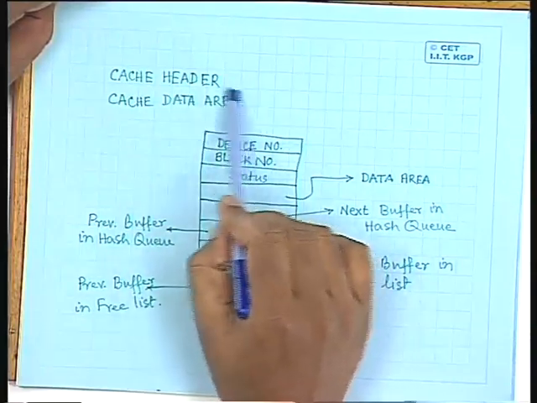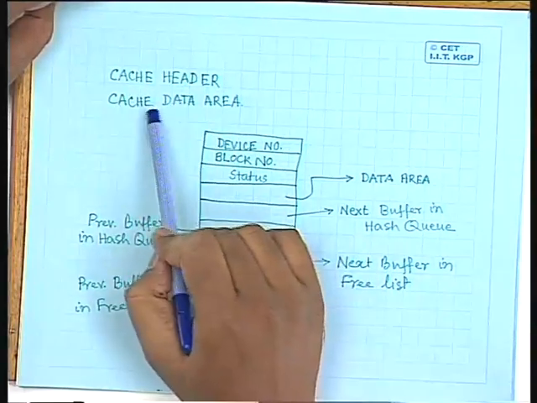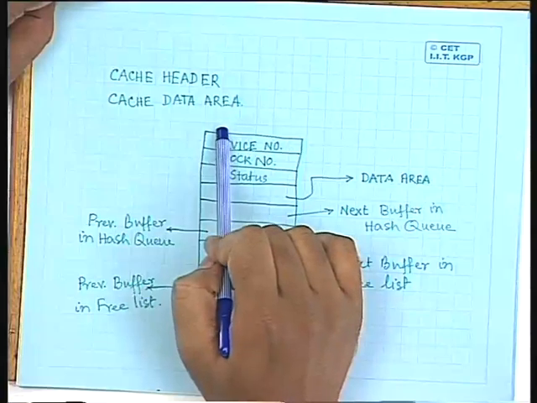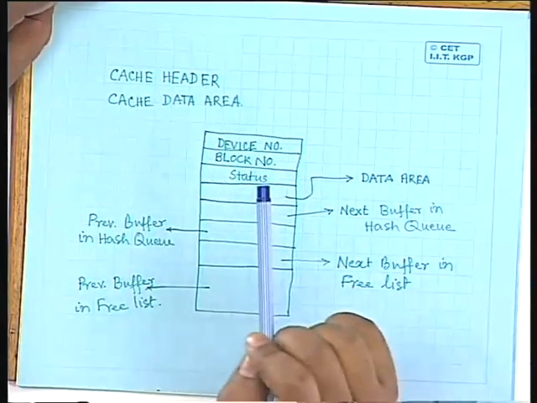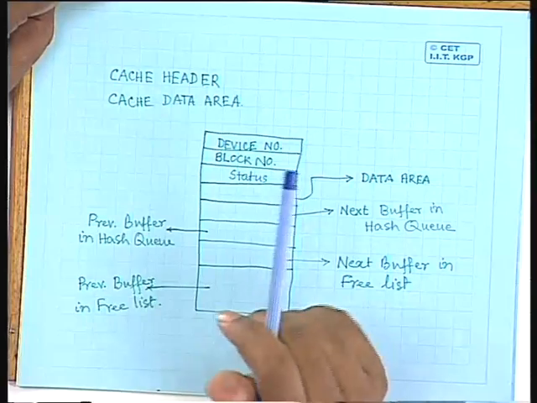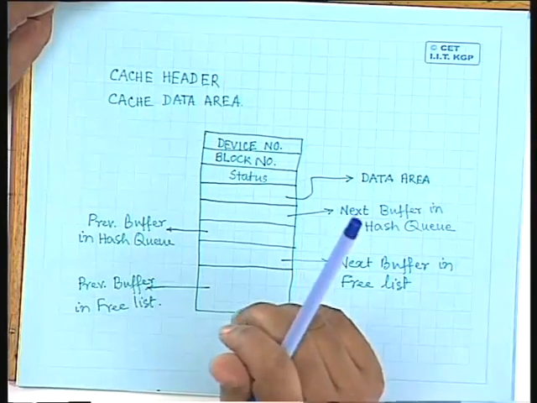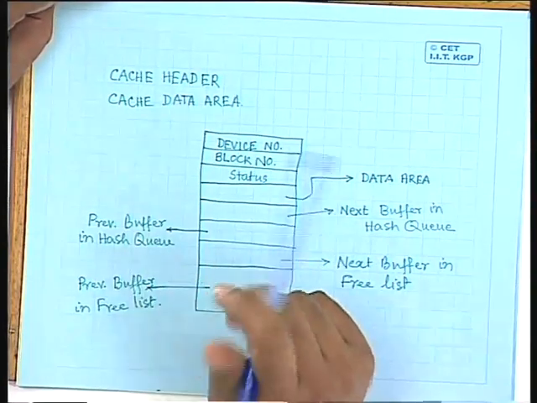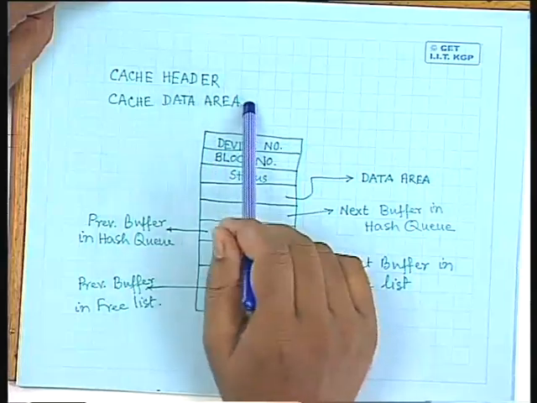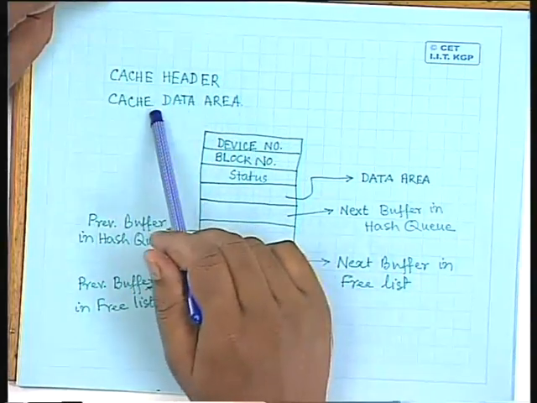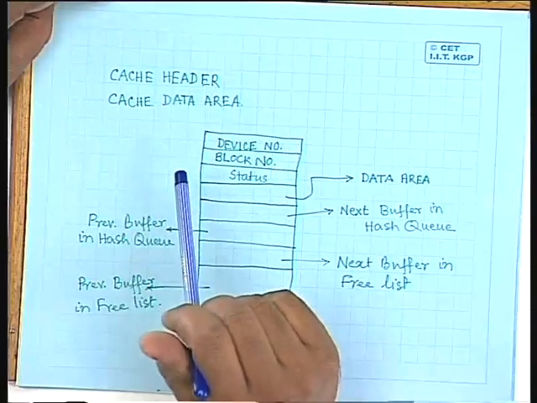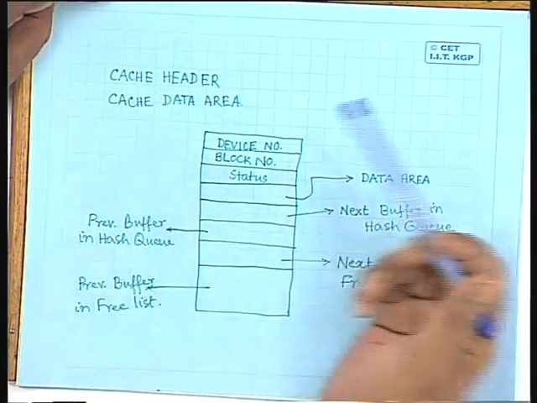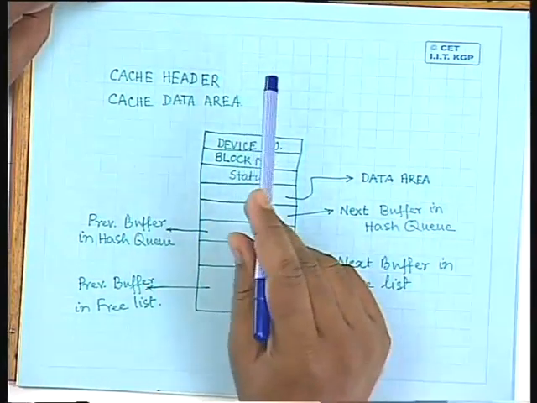So naturally, the data area of a cache must be the same size as a block on the secondary storage. If every block on the secondary storage contains 512 bytes, then the data area in the buffer cache must be at least 512 bytes. It cannot be less than that. It can be more, but the remaining part will be wasted.